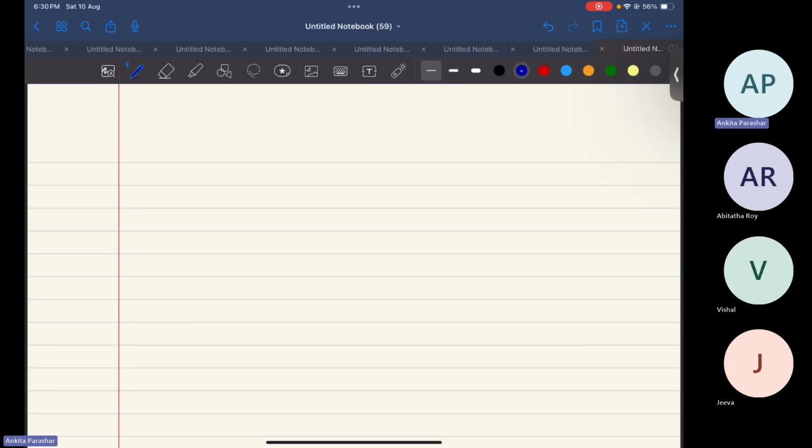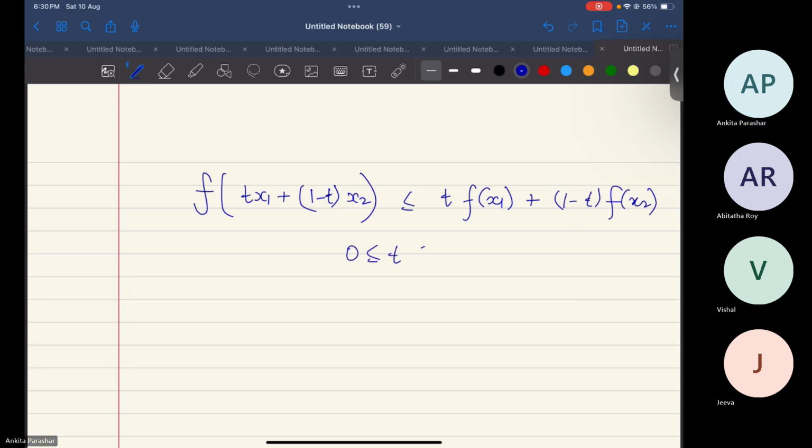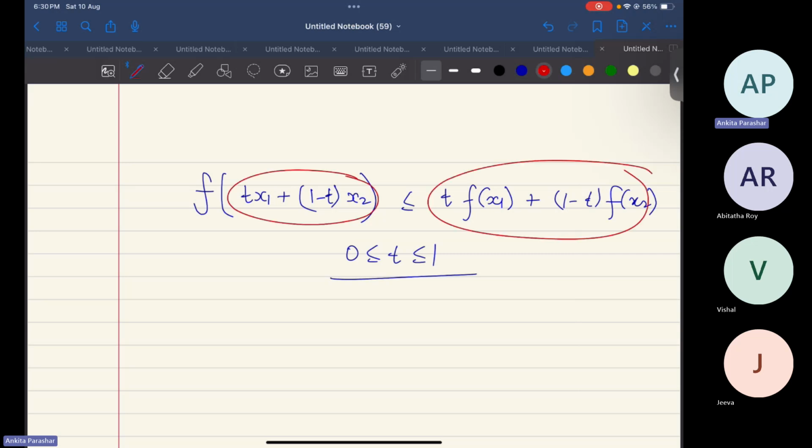Okay, let me write that equation again: f of tx1 plus (1 minus t)x2 is less than or equal to t f of x1 plus (1 minus t) f of x2. Let me write what the meaning of these two quantities is. Take tx1 plus (1 minus t)x2.